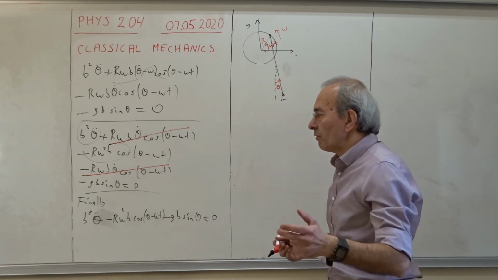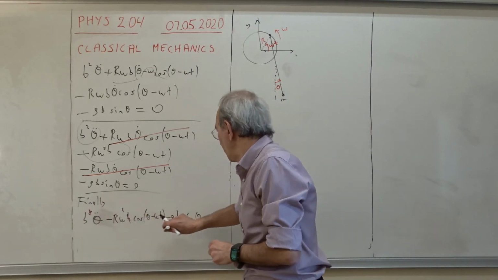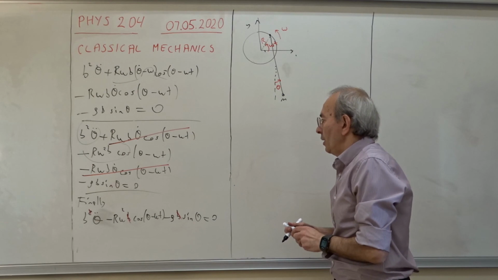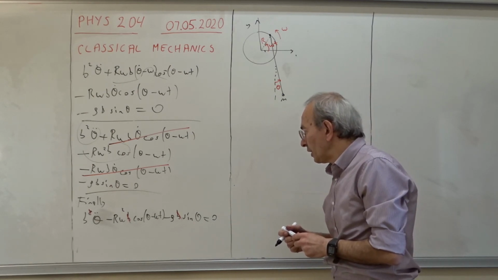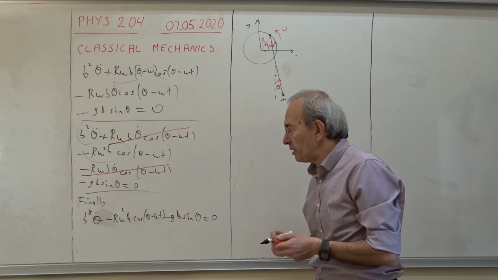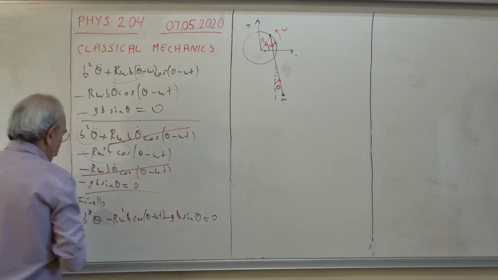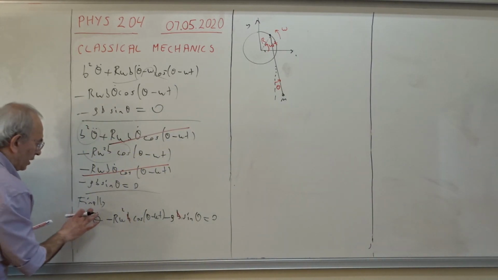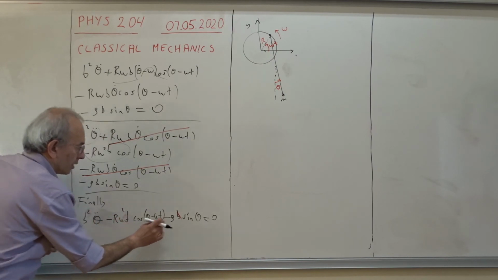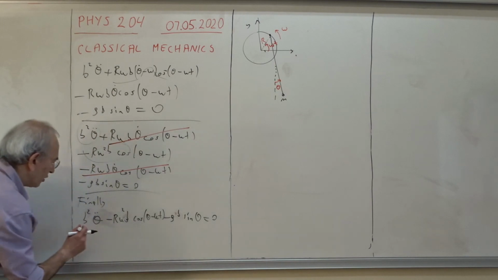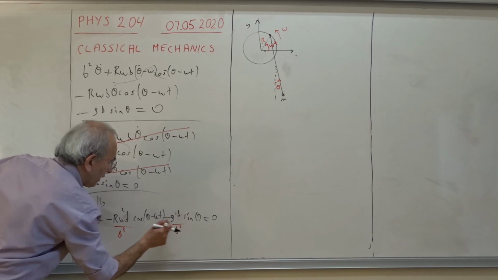Maybe we can divide through by b, because there is b everywhere, so this b, that b, and that b cancel, because the right hand side is 0. We can divide by b squared, for instance. So let me directly divide by b squared.